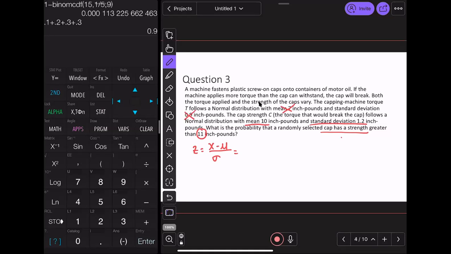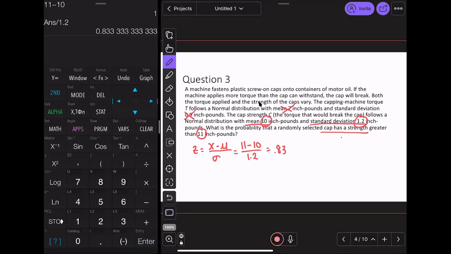Okay, so anyways, using the z-score, x is going to be 11. The mean that we're going to use is 10 since we're referring to cap strength. So 11 minus 10 over the standard deviation, which is 1.2. So 11 minus 10, divided by 1.2 is 0.83.